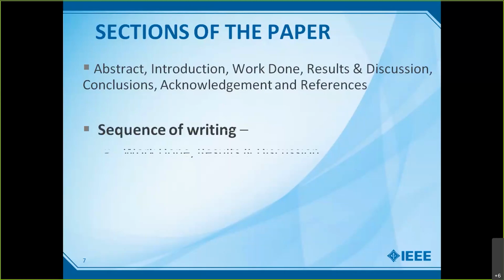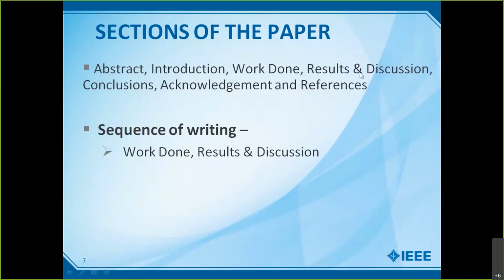Now the sequence of writing. As you see here, the list is abstract, introduction, then the main body: work done, results, discussion. These three constitute the main body.